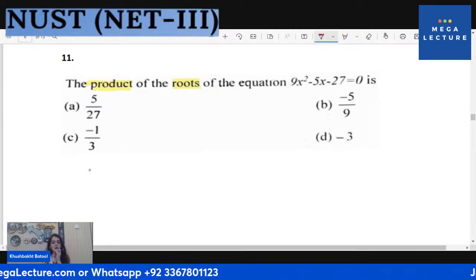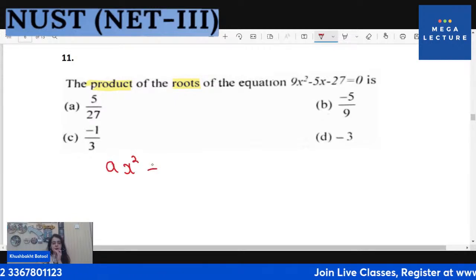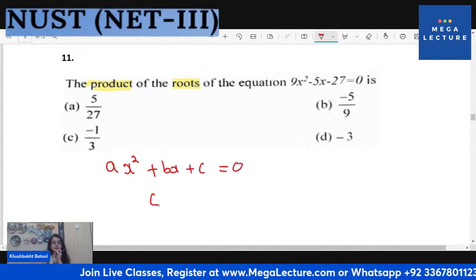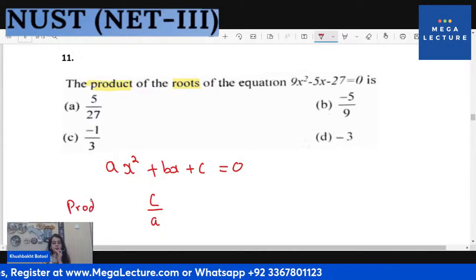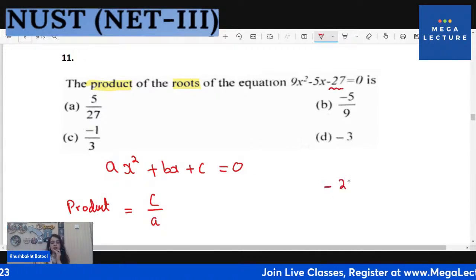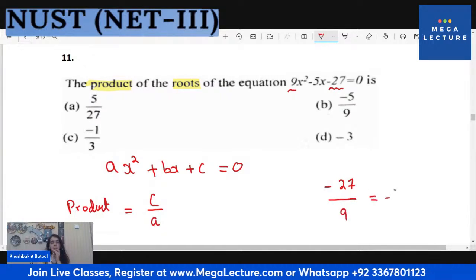So, if your quadratic equation is of this type, ax squared plus bx plus c equals 0, you do c by a to find the product of your roots. Okay, so c by a would give you, this is our c in this case, it's minus 27 and a is 9, so minus 27 divided by 9 would give you minus 3.